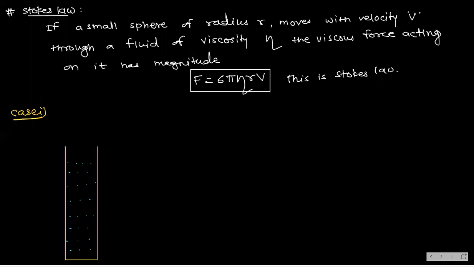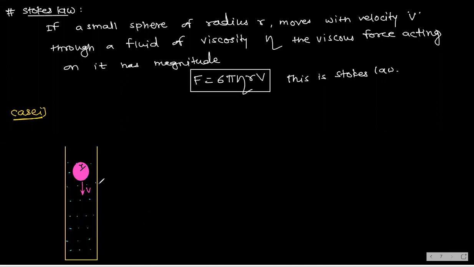Now this is a sphere whose radius is small r, and now this is moving down with velocity, let us suppose v.